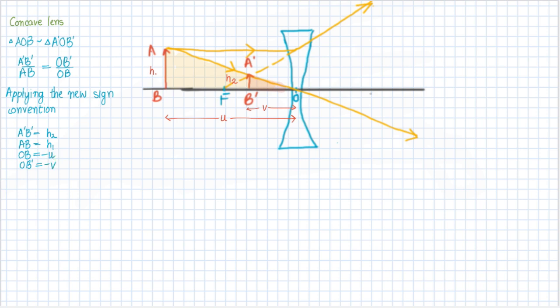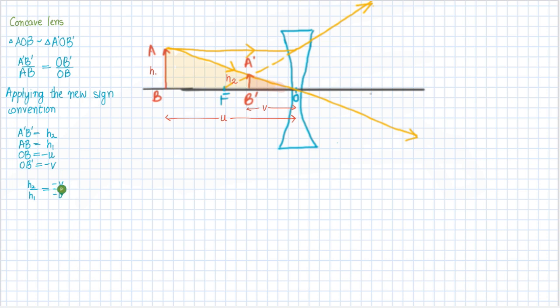Now I can substitute these values here. A dash B dash is the image height, which is represented by H2, upon AB, your object height, which is represented by H1, should be equal to OB dash, the image distance, which is represented by minus v, divided by OB, your object distance, which is represented by minus u.